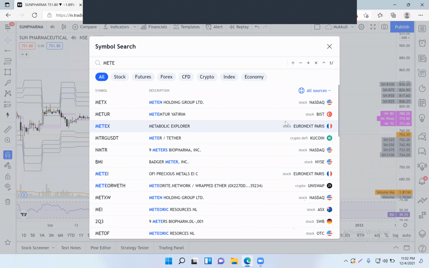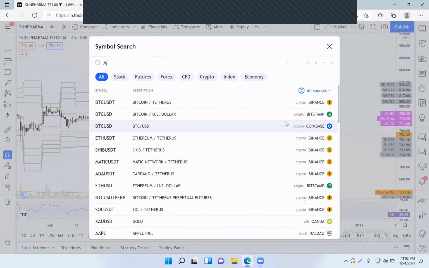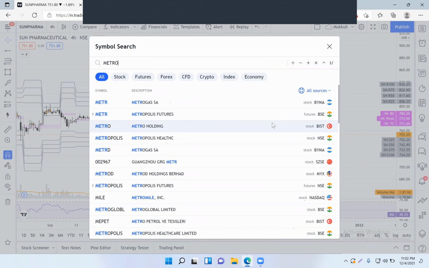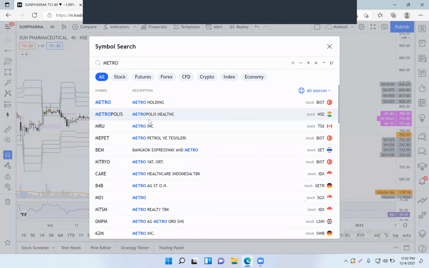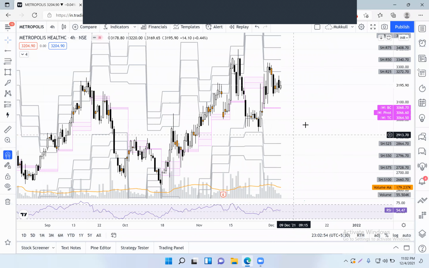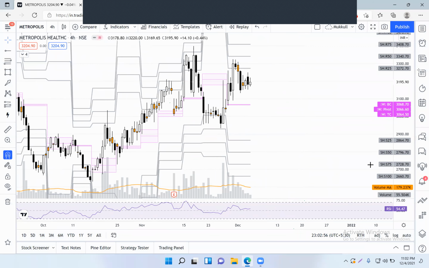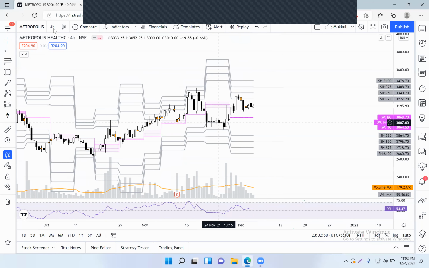Because that's where everything will start. So Lalpath is good. It's very good that we keep a definite watch on Lalpath Labs, and even Metropolis. Let me check this thing one minute.